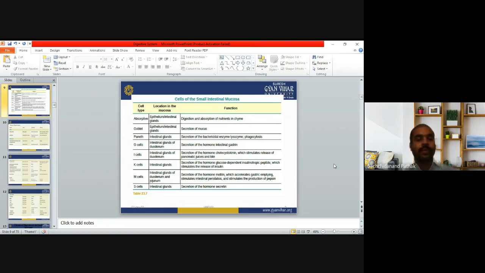The M cell is present in the intestinal glands of the duodenum and the jejunum, and secretes the hormone motilin, which accelerates gastric emptying, stimulates intestinal peristalsis, and stimulates the production of pepsin. The S cell secretes the hormone secretin and is present in the intestinal glands.